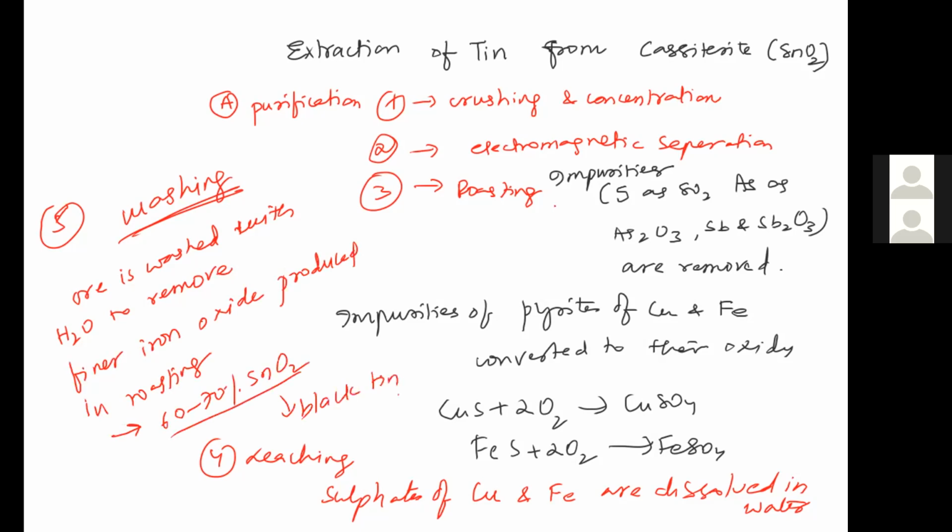After this, we have another method called smelting, because we got SnO2, the oxide of tin, but we need tin.